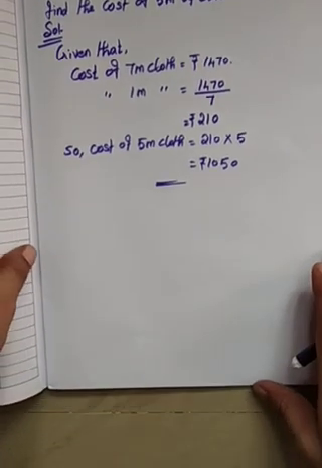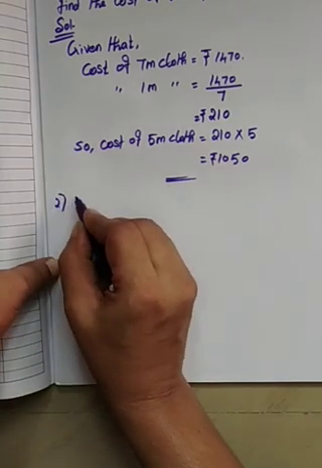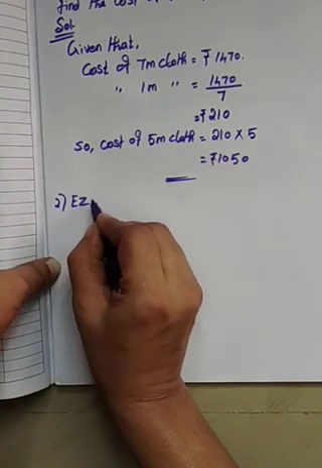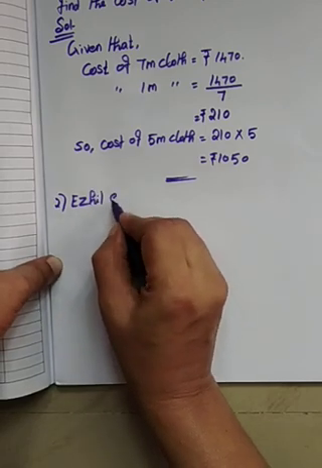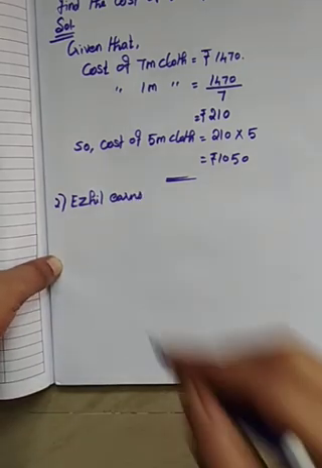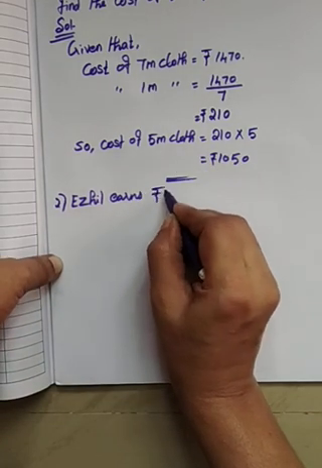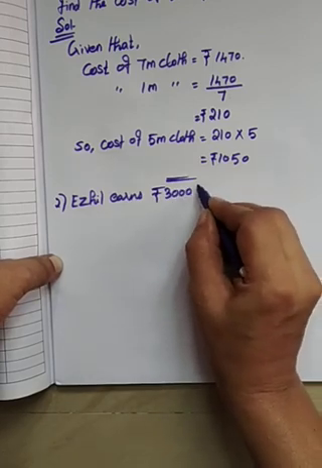Okay, now we go for the next problem. Elil earns rupees 3000 in 10 days.